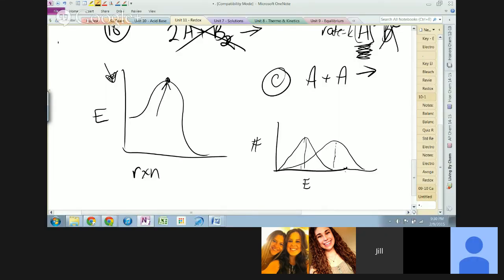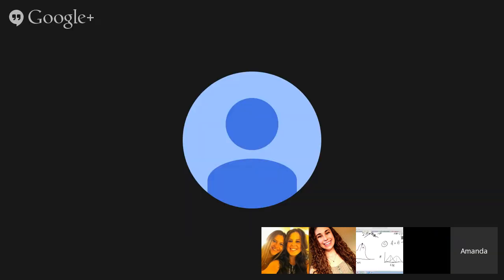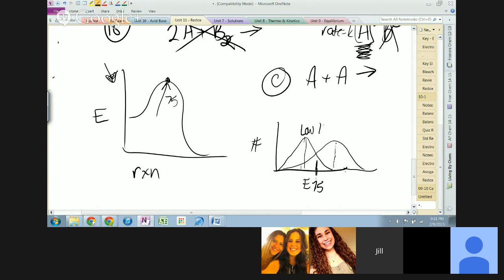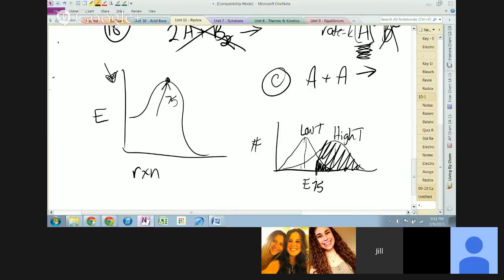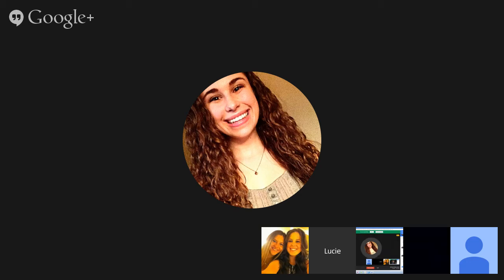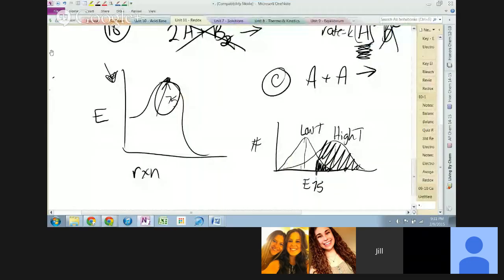If the activation energy, let's say, is 75, at the lower temperature only these particles have enough energy, but at a higher temperature all of these particles do. That's a fancy way of saying at higher temperatures, more particles have enough activation energy to react. So the only thing that can change an energy diagram is a catalyst. Yes.